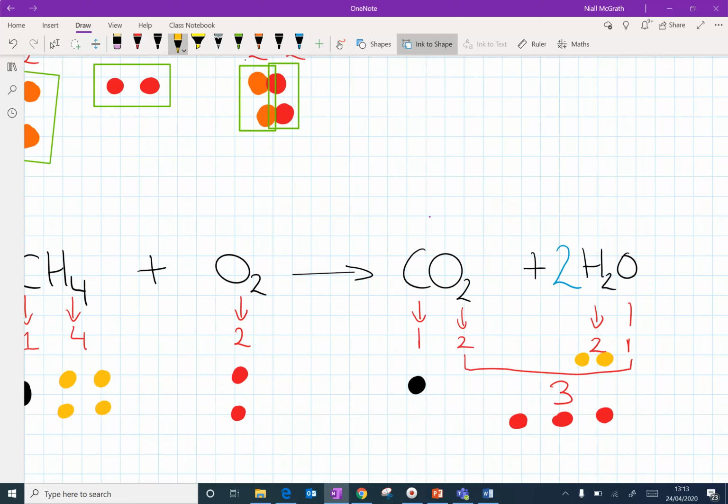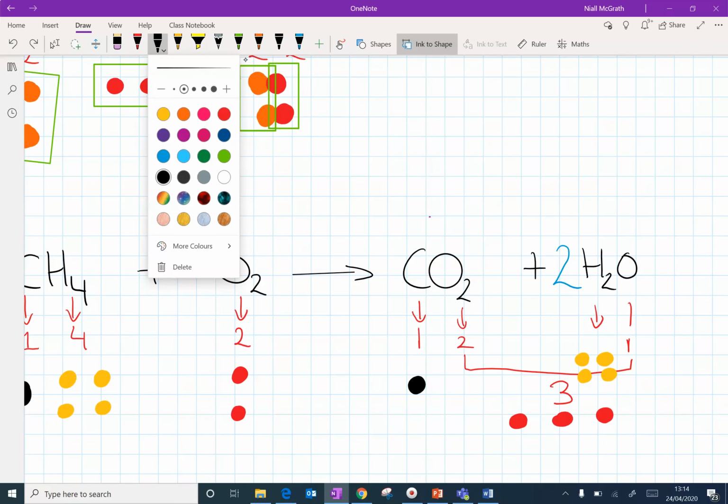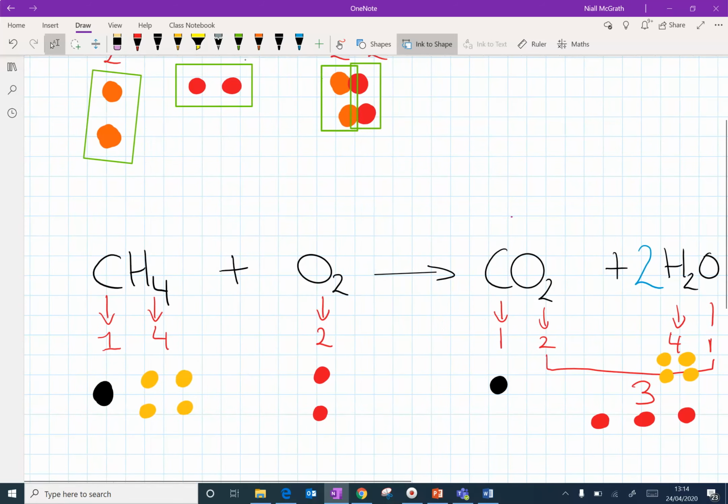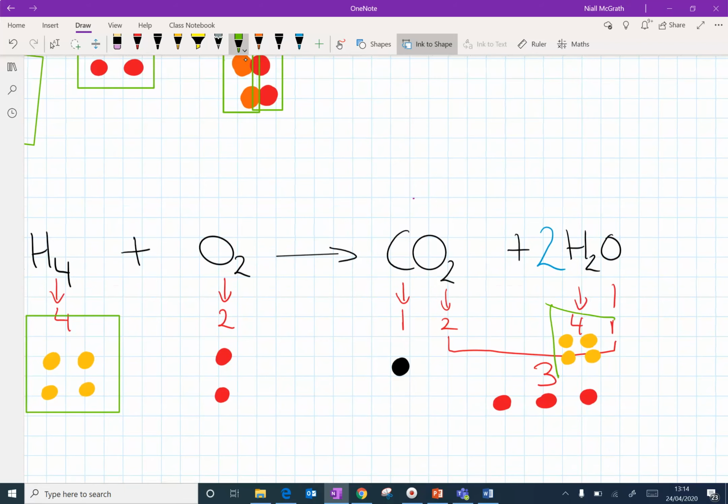That means we have 2 more hydrogens, meaning that we have 4 hydrogens on our right hand side, which balances with our 4 hydrogens on our left hand side. So we have 4 and 4.